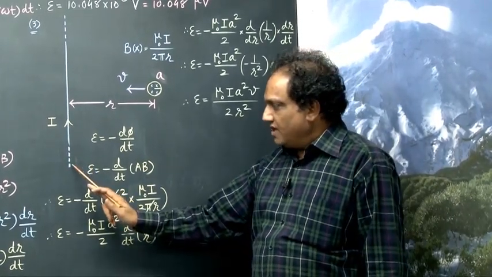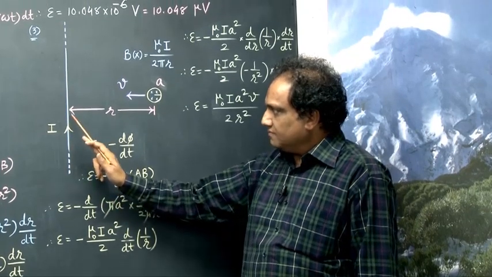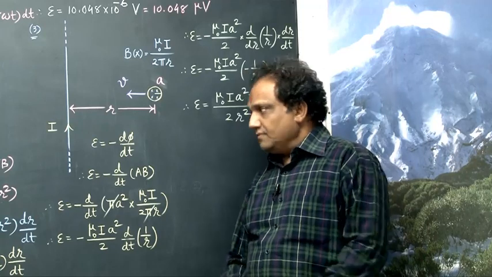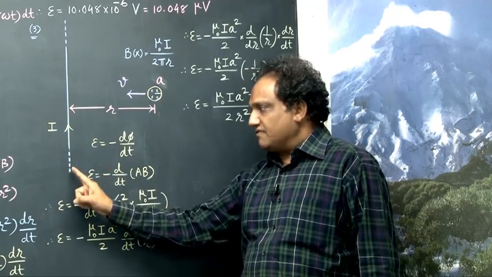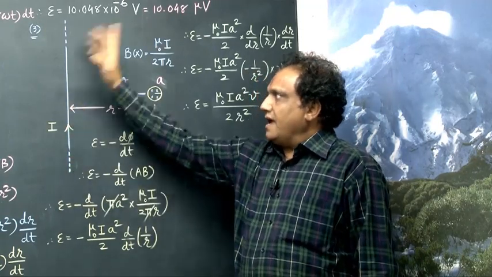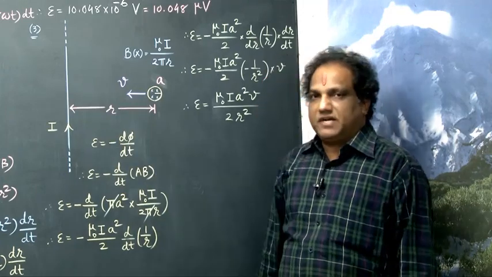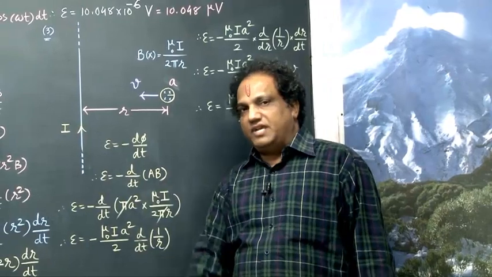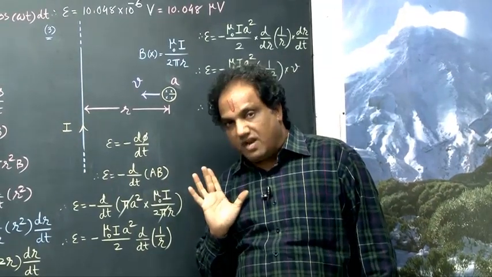We have one extremely long, thin, straight wire through which current is passed. Fine. And then you can expect, current is a source of magnetic field. Because current is passing, it will produce its own magnetic field.